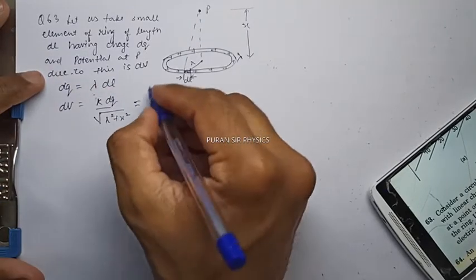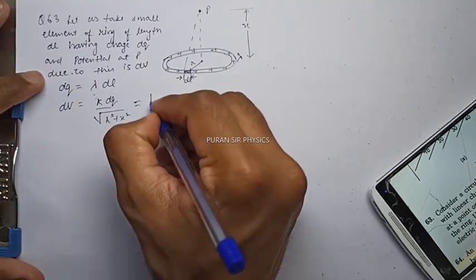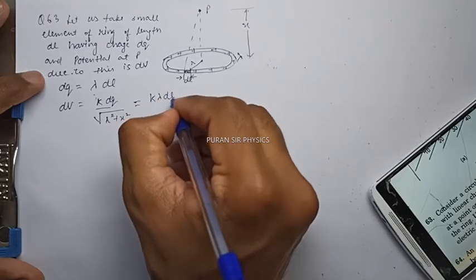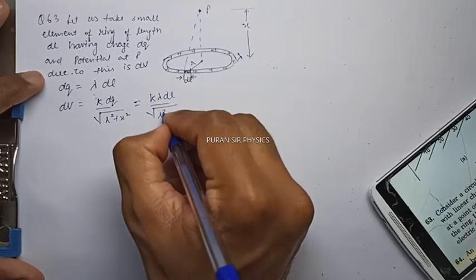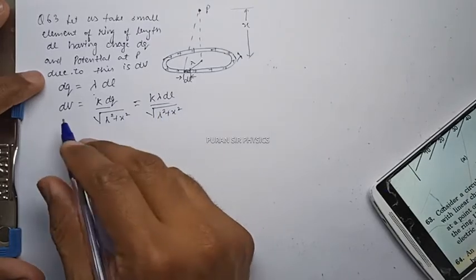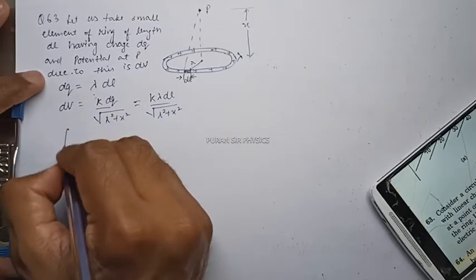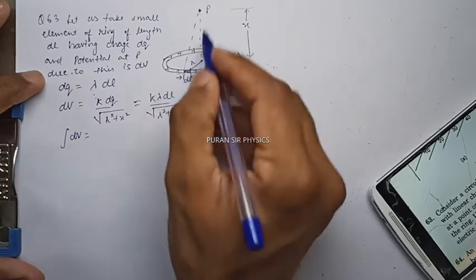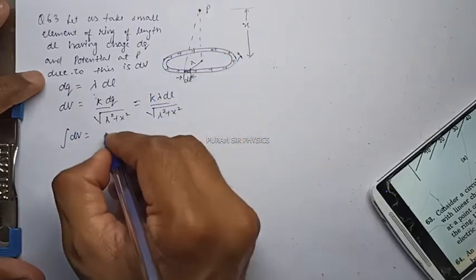So if we substitute the value of dq in this, it will become k lambda dl upon square root of r square plus x square. So now if we integrate this equation, we will get the potential at P due to the entire ring.